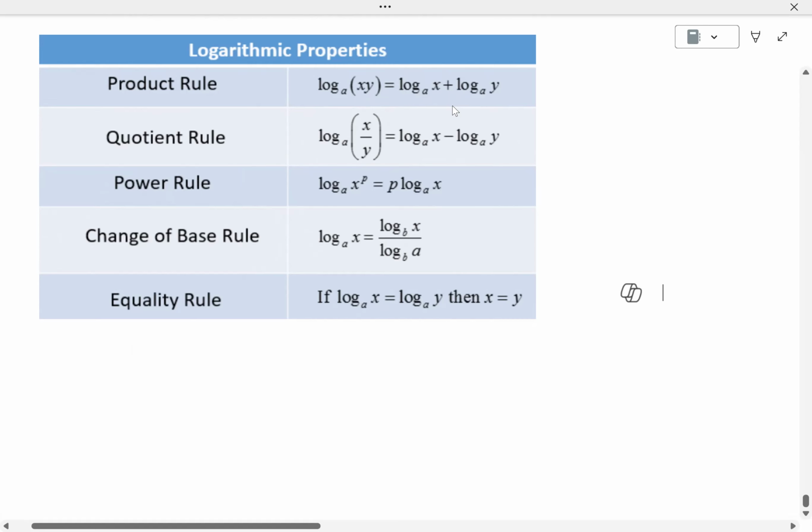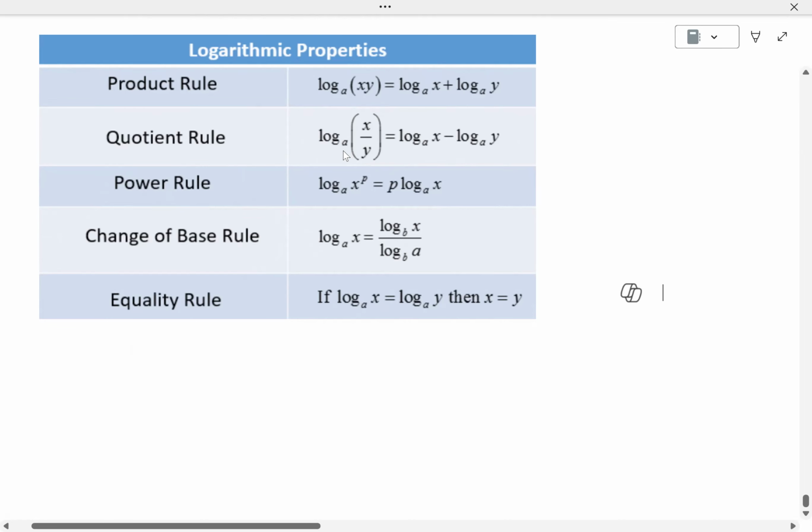And that's very similar to how we add the exponents with our properties of exponents when we have the same base. That's essentially the same idea. For the quotient rule, we have log base a of the argument x divided by y. So when we have the argument being divided, we can write them as two separate logs which are being subtracted.